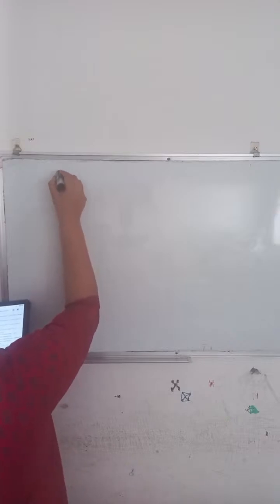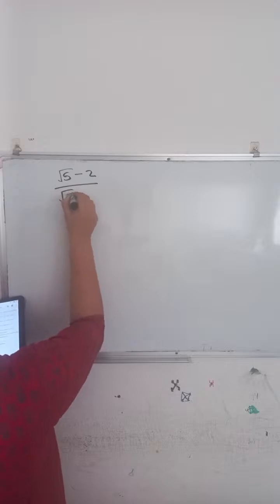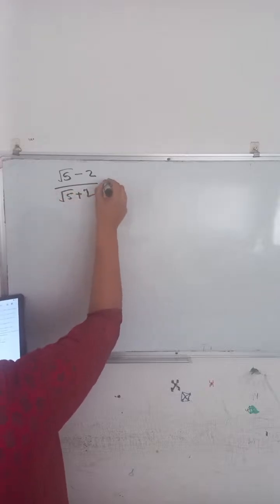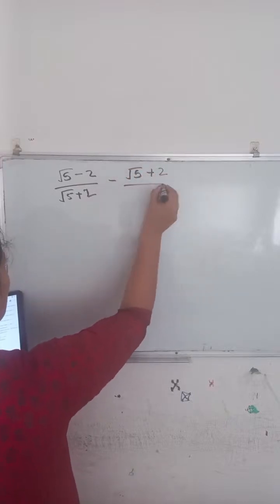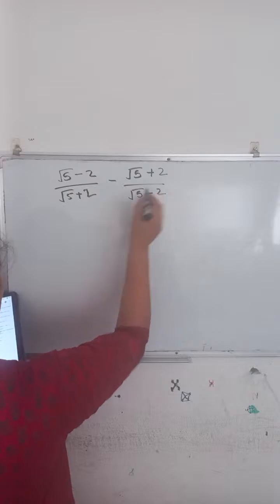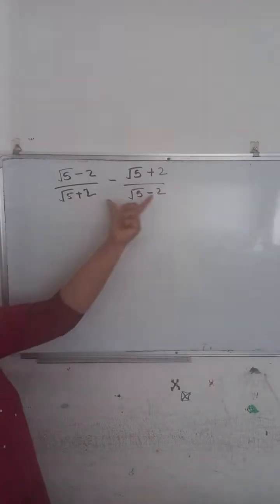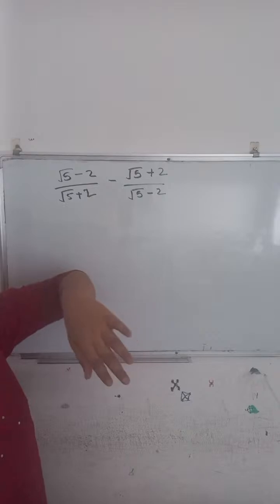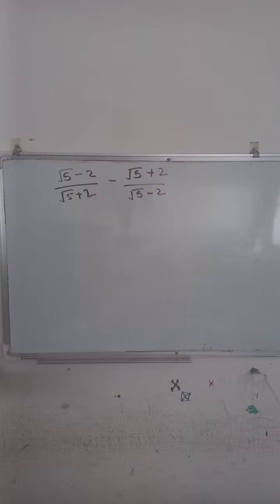Here we have root 5 minus 2 upon root 5 plus 2, minus root 5 plus 2 divided by root 5 minus 2. Simplify this. While solving, you can take this as a separate term and this as a separate term, and once you get the answers, you can subtract. Try this question, give me only 1 minute, I will start solving but you can also try.